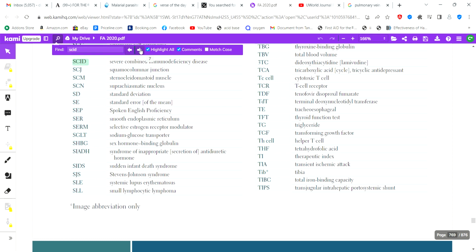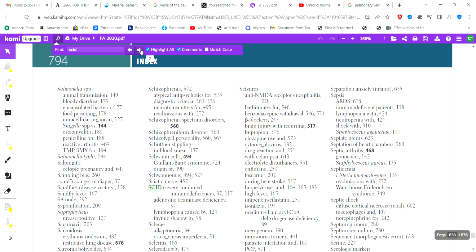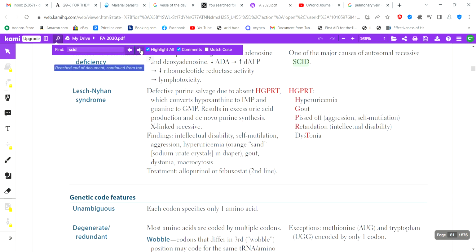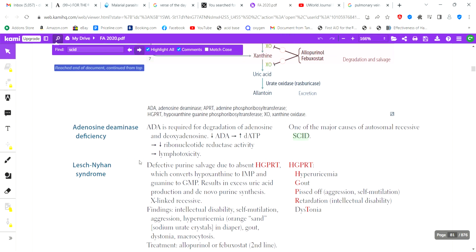So SCID is, okay, adenosine deaminase deficiency.